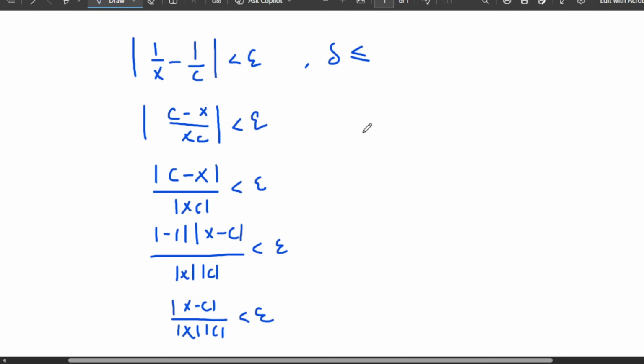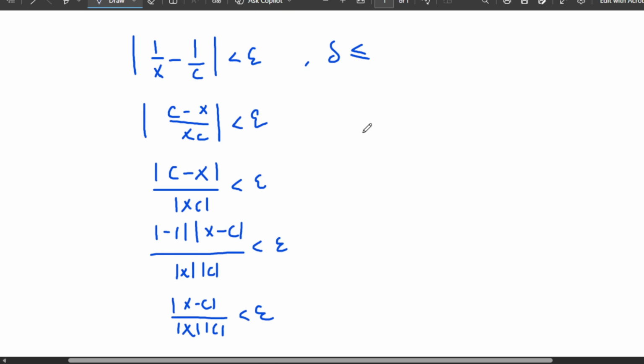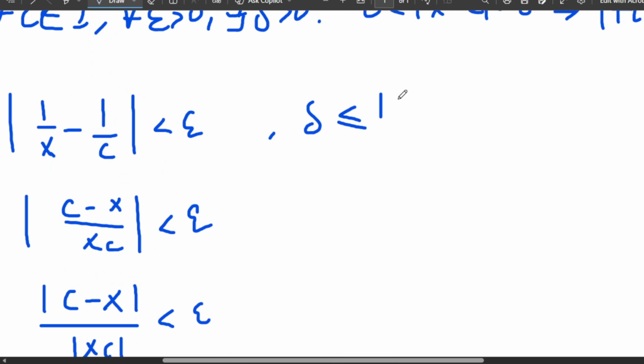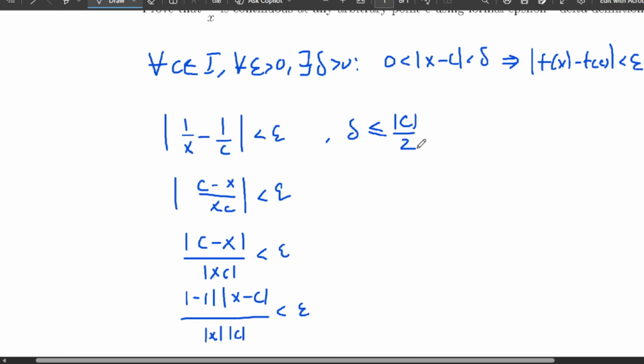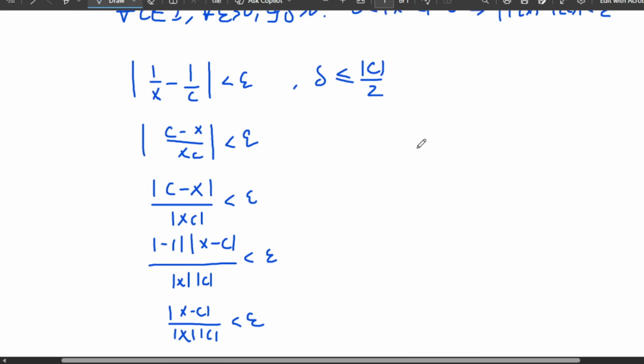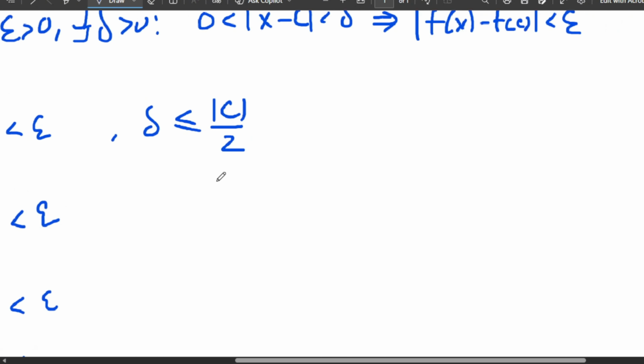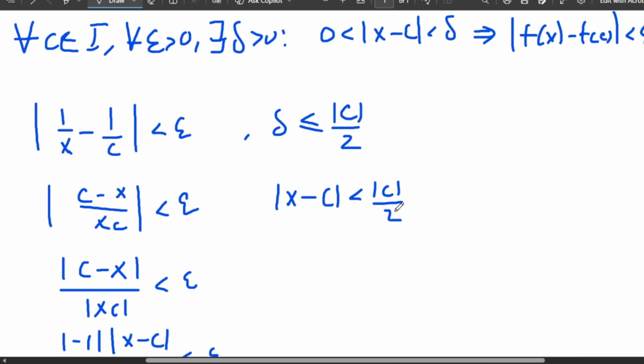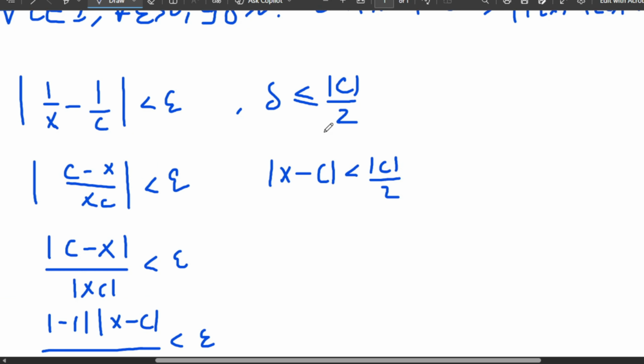If we choose delta less than or equal to 1, then when c equals 0.5 this will be undefined. So we need to choose delta less than or equal to |c| over 2, so we can assume that |x minus c| is less than |c| over 2.